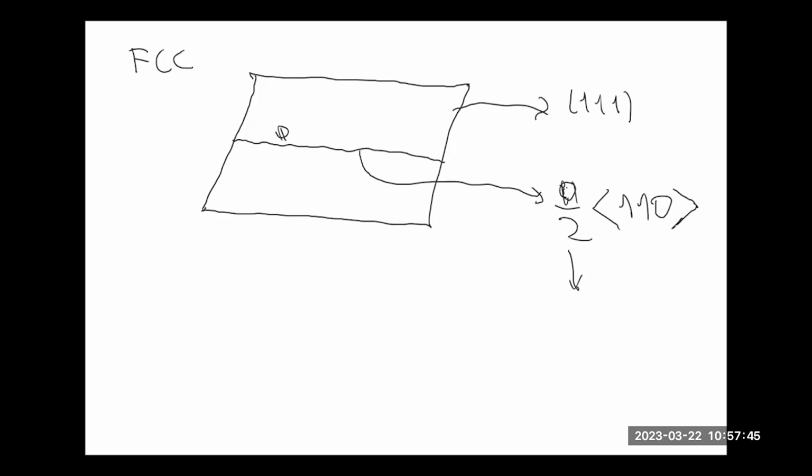So in the FCC crystal structure, the edge dislocation cannot remain as a single edge dislocation. After we move the edge dislocation, it decomposes into partials that we call Shockley partials.